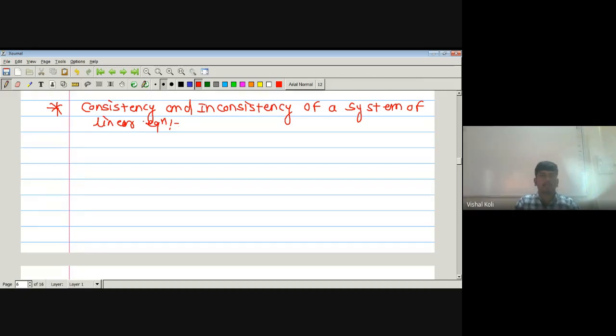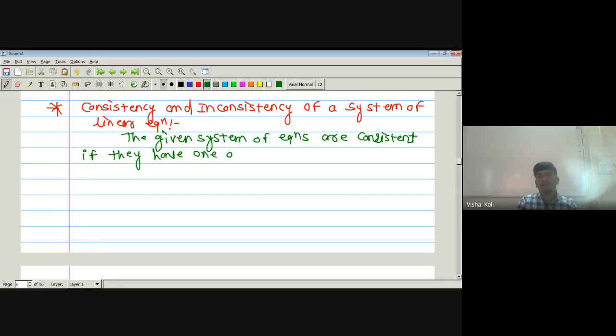So the definition will be: the given system of linear equations are consistent if they have one or more solutions, and are said to be inconsistent if they have no solution.